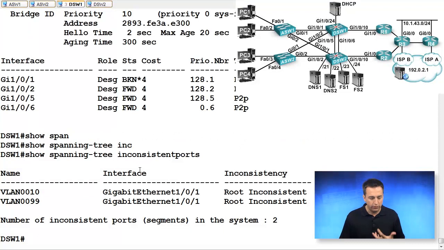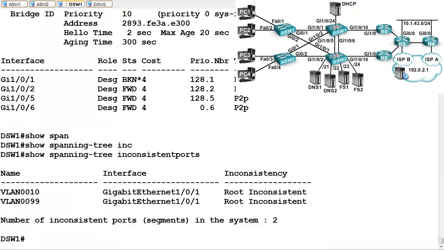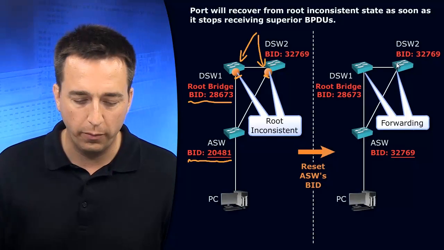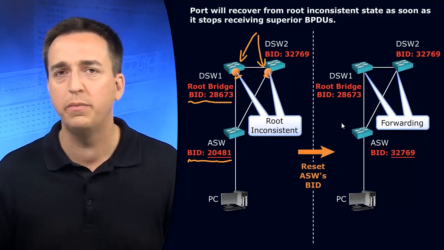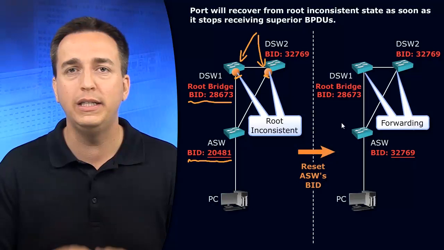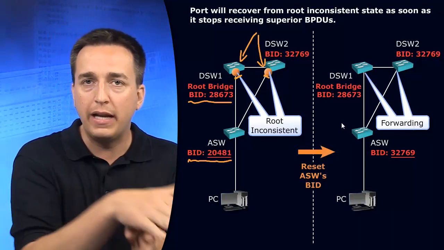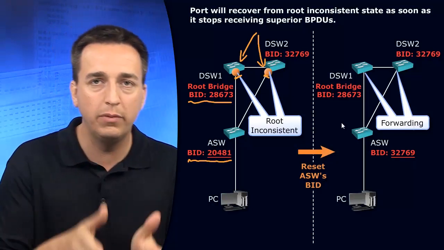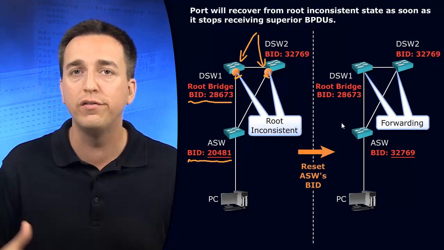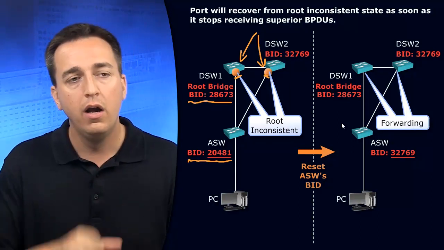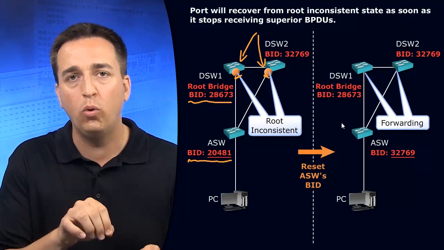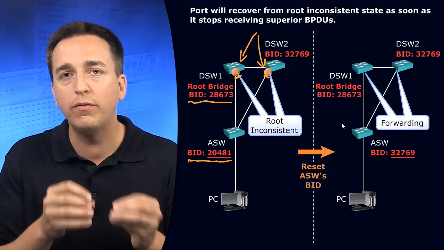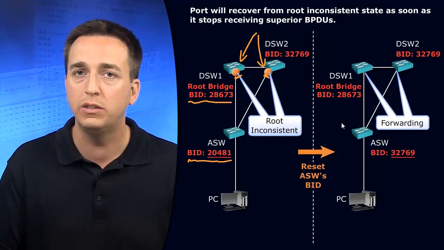So what do we need to do to solve this particular issue? Well, first and foremost, we need to find the offending device. So we can use other commands such as show CDP neighbors, follow the spanning tree path back out gigabit 101 to figure out what is going on in the topology. And we have to, at that point, remove whatever it is that is causing those BPDUs to be sent.